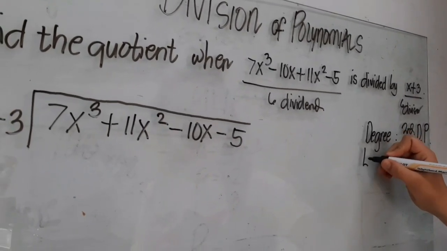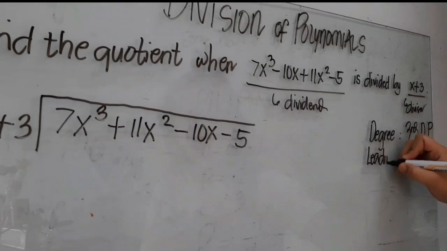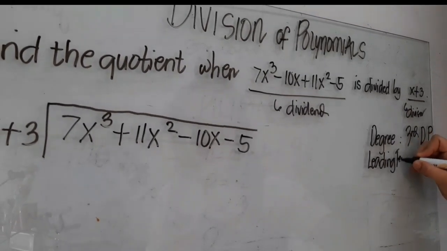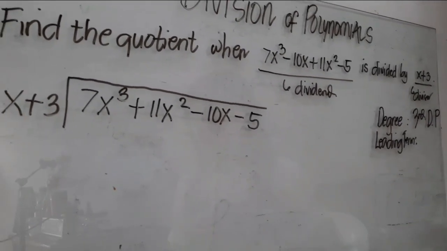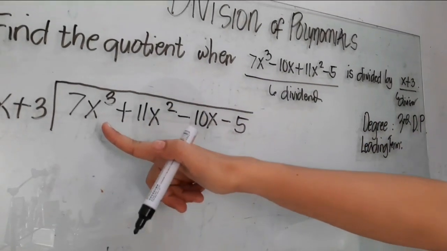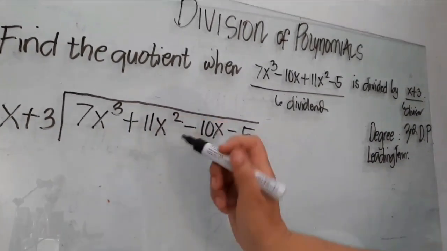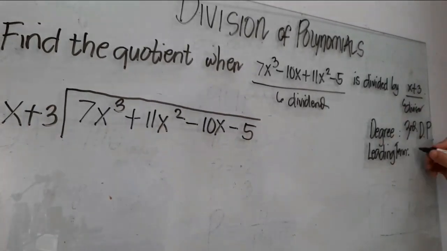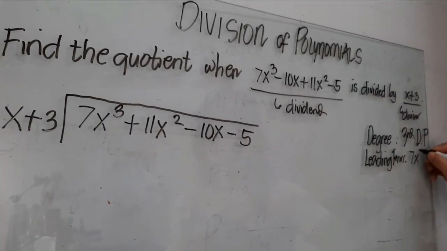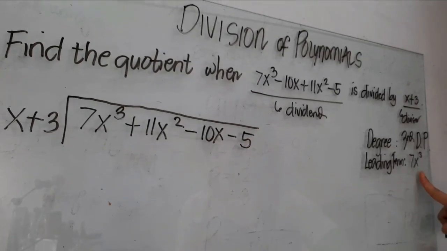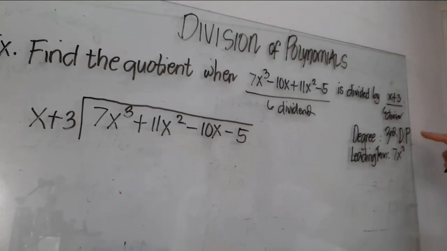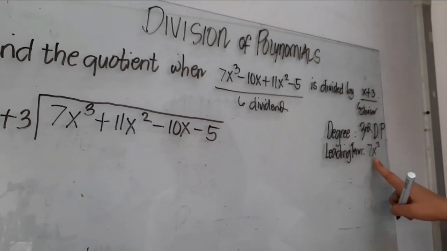Next is what we call the leading term. The leading term is the term at the beginning that holds the highest exponent of our variable. So, our leading term here is 7x cubed, because this is the term that holds the highest exponent of the variable.